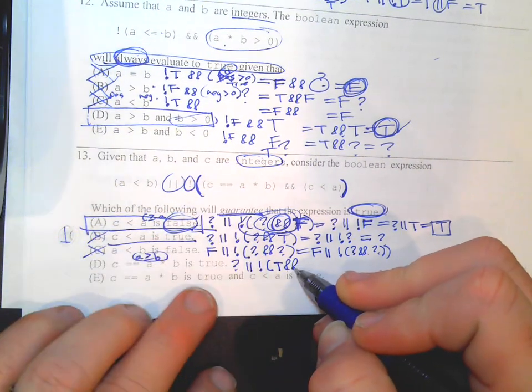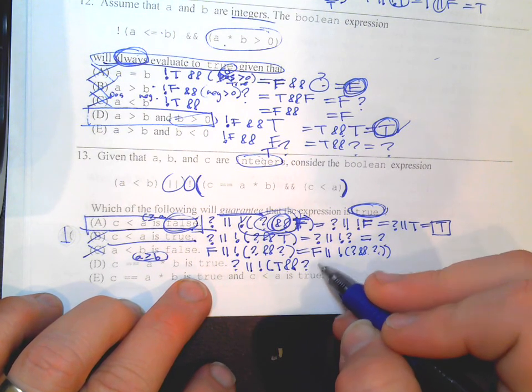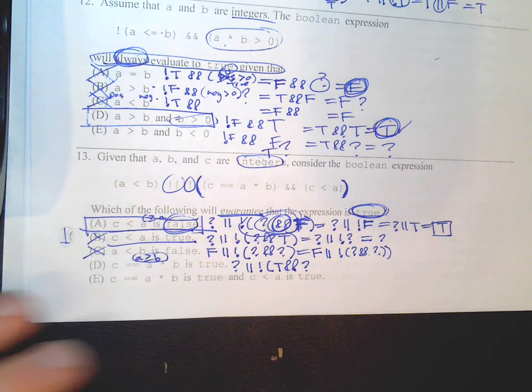But we still don't know if C is less than A. I mean, they're integers, so there's no way they could be fractions. So if C equals A times B, if A is positive, yeah, I don't think you can say anything about that.